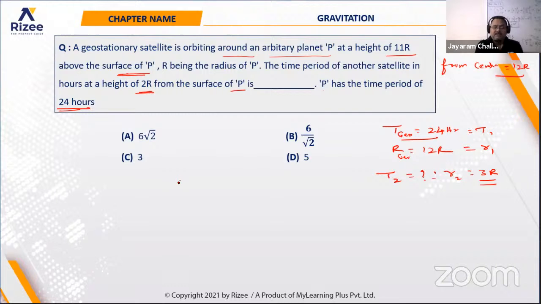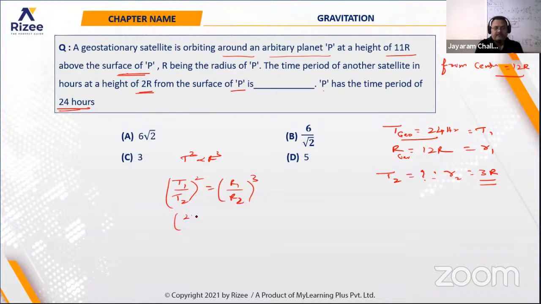Now apply Kepler's third law, that is (T1/T2) whole square, since T square is proportional to R cube, is equal to (R1/R2) whole cube.